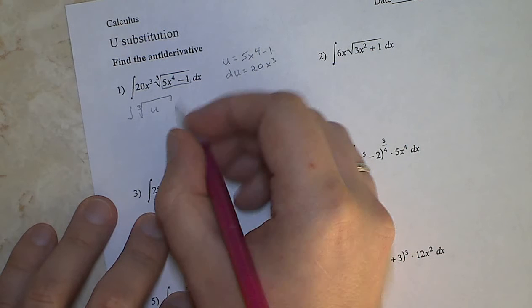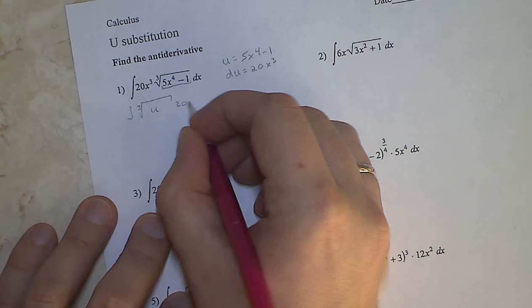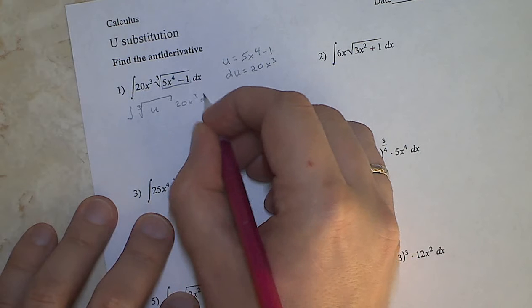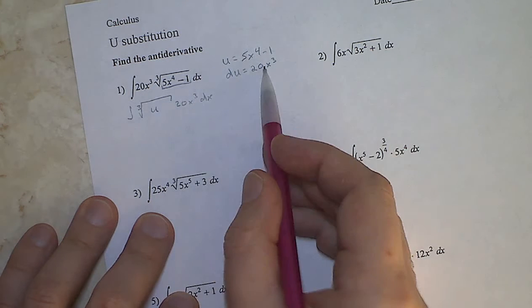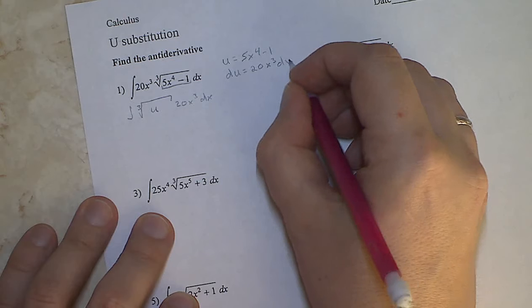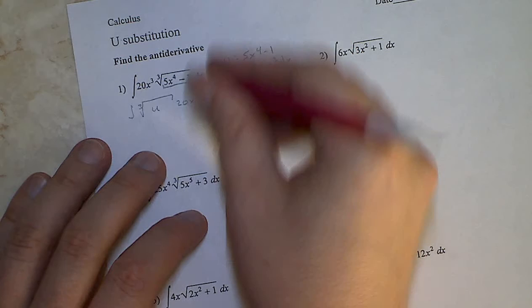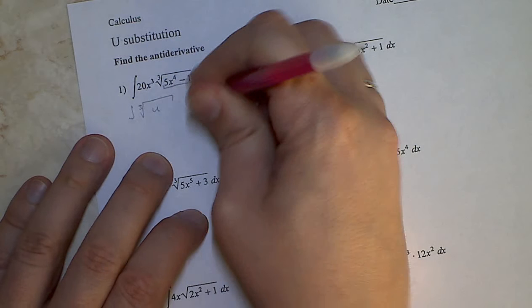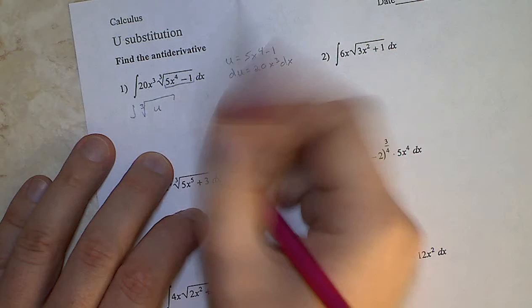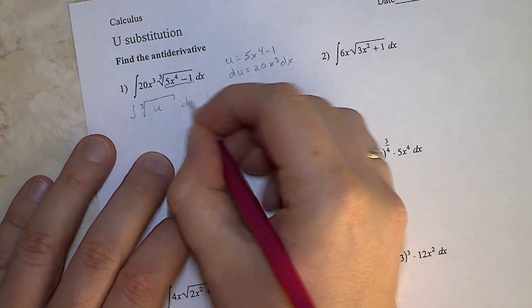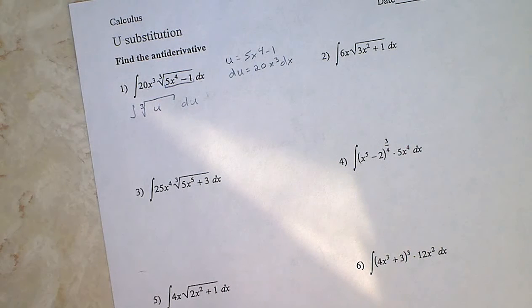And then I've got 20x cubed dx. 20x cubed dx, I can replace that with what? Du, right? So I'm just going to replace that with du. Am I going too fast? Okay, so no response usually means yes.